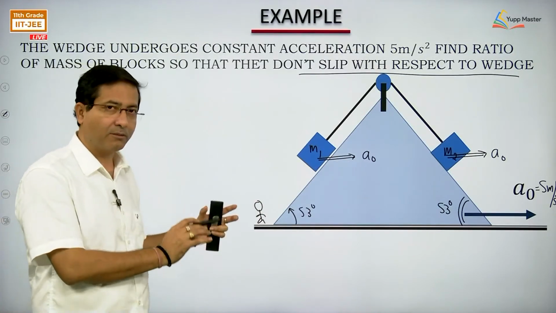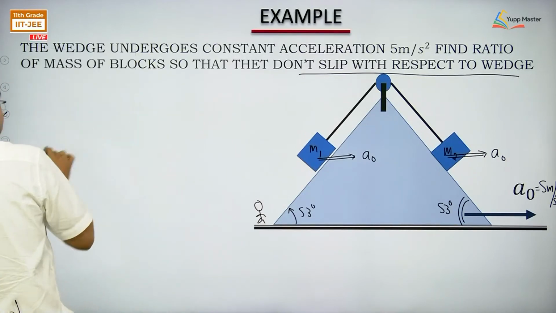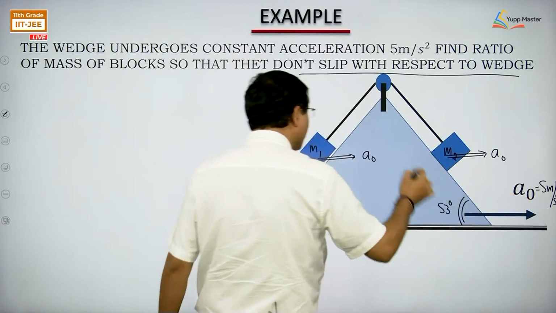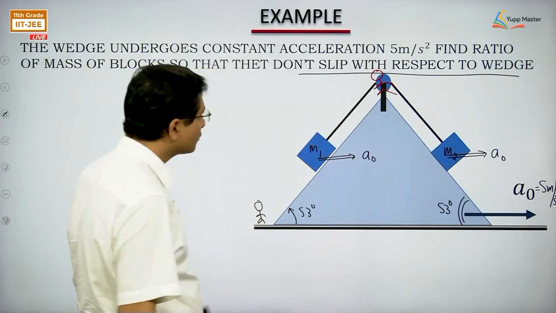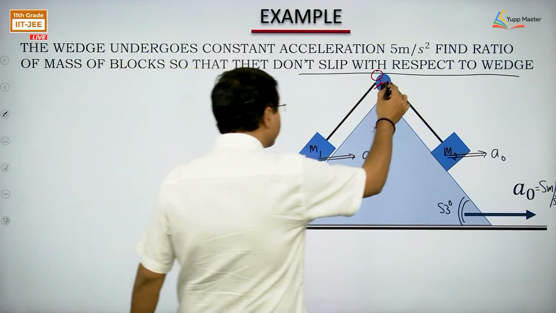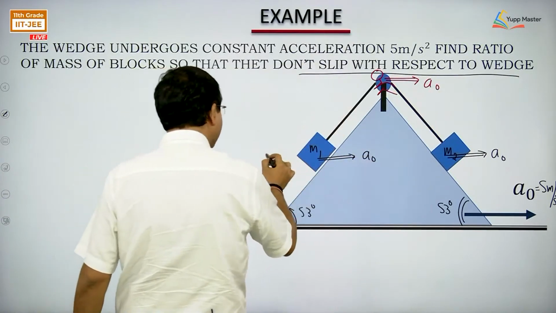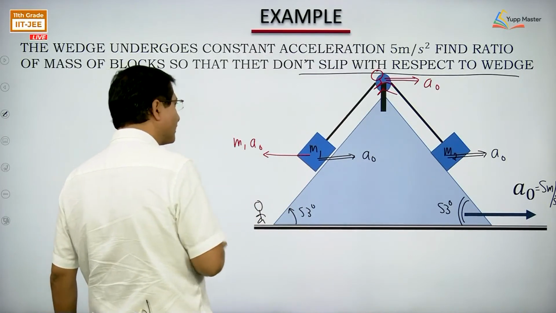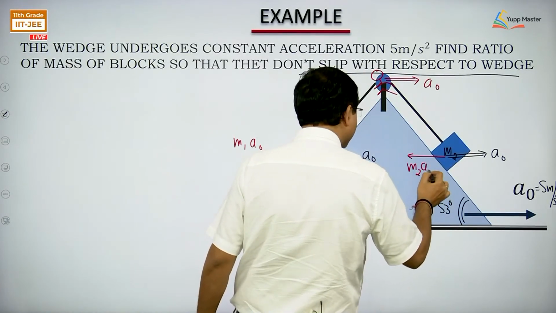Right now I am talking about the non-inertial frame. So I will try to solve this problem being on this frame which is accelerating. So I will place my observer here. As he is non-inertial, he is accelerating, he will add a pseudo force on this block, that is m1 A naught, and a pseudo force on this block, that is m2 A naught.